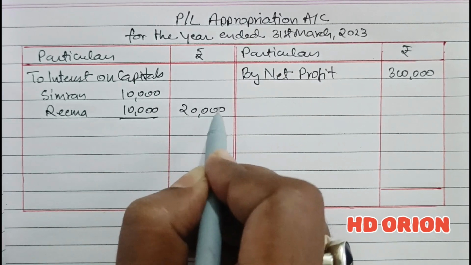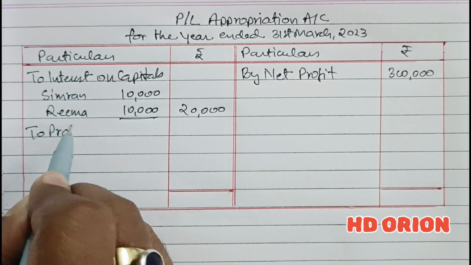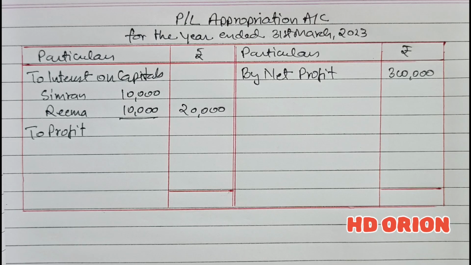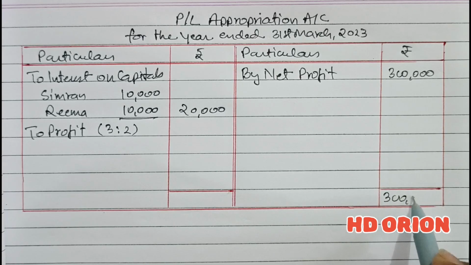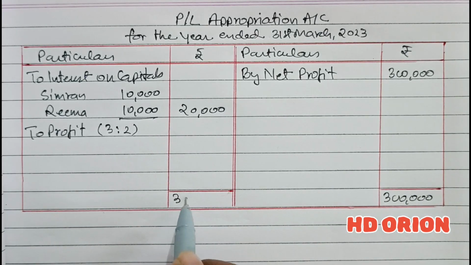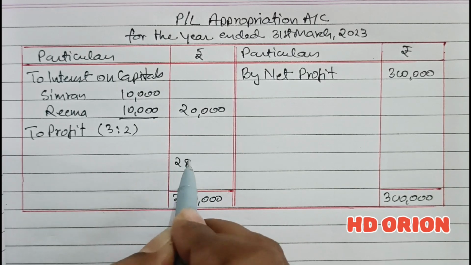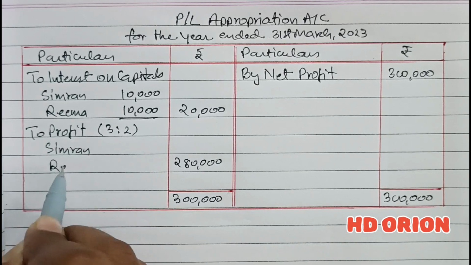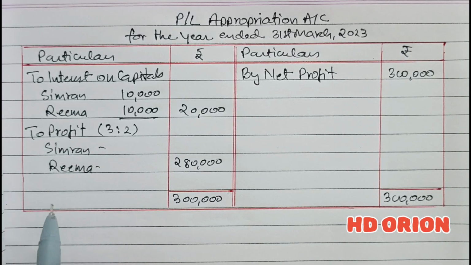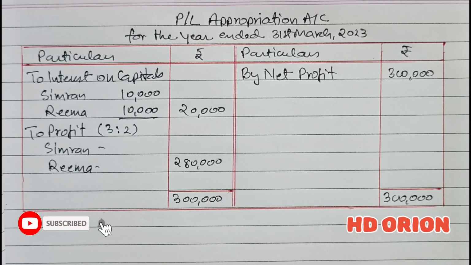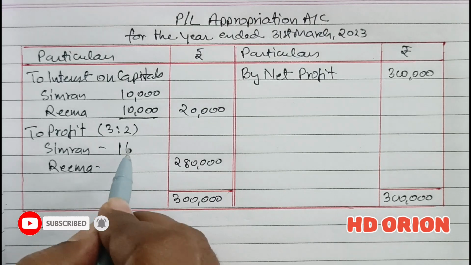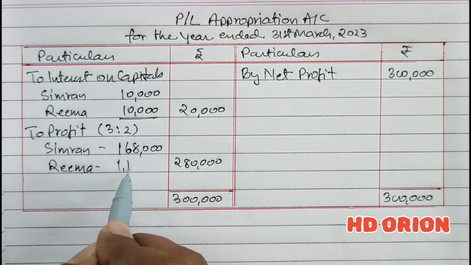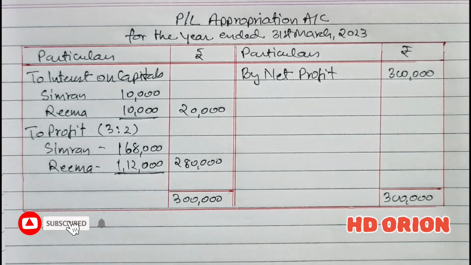So 20,000 as interest on capital, and then the remaining distributable profit or divisible profit in their profit sharing ratio, which is 3:2. So out of 3 lakh, 20,000 we will subtract, and divisible profit is rupees 2,80,000 for Simran and Rima. So it is 1,68,000 for the first partner and rupees 1,12,000 for the second partner. So this is how the profit and loss appropriation account is to be prepared.